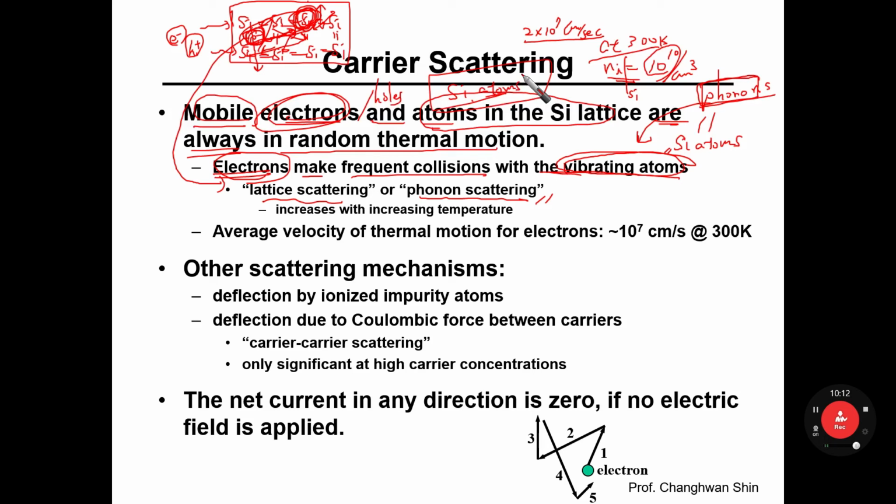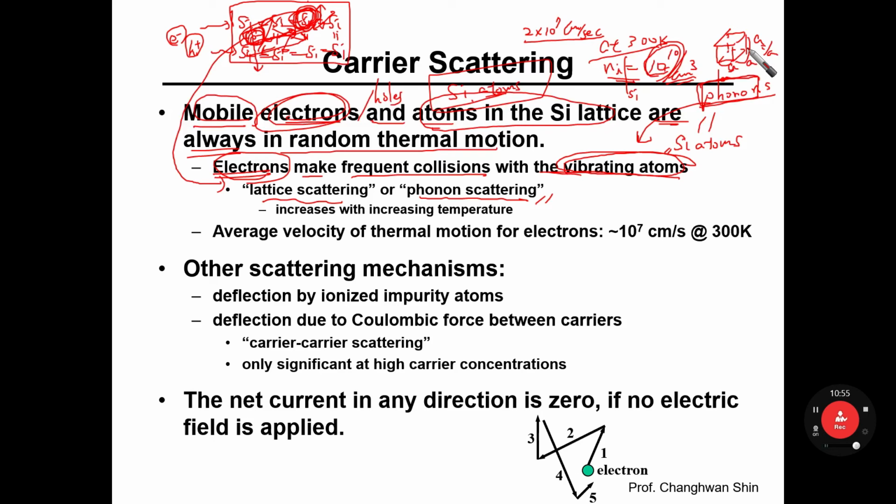So at room temperature, with this high speed, the total number of free electrons is 10 to the 10 per cubic centimeter. You know how small this cube is: 1 centimeter side length, 1 centimeter width, and 1 centimeter height. In this very tiny cube, there are 10 to the 10 free electrons and holes available, and they are moving at a speed of 2 times 10 to the 7 centimeter per second at room temperature.